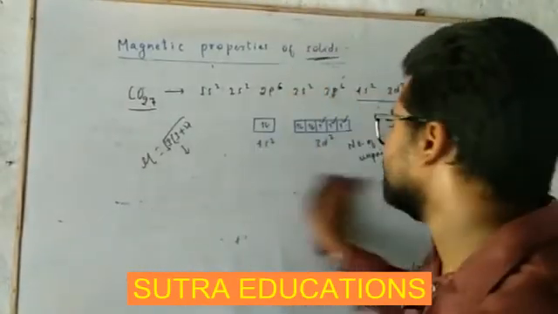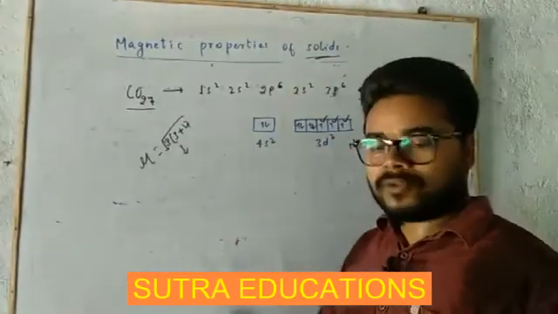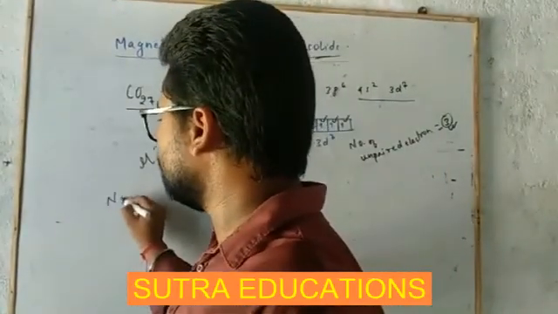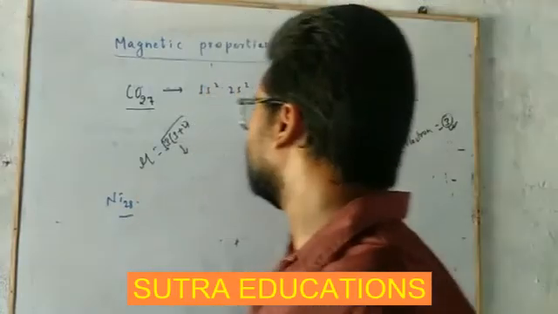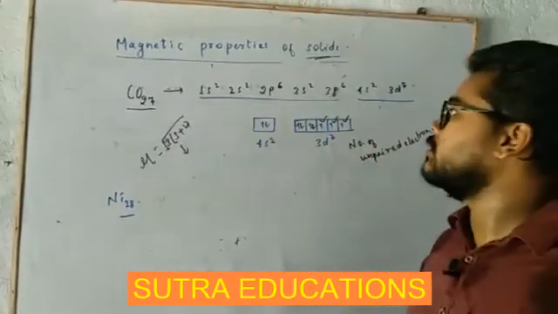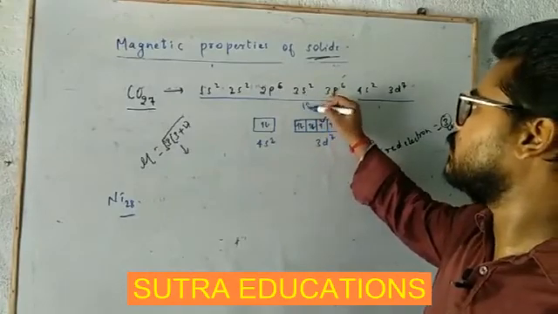Take another example, nickel. The atomic number of nickel is 28. Things will be the same up to this, meaning this is the electronic configuration up to 18.